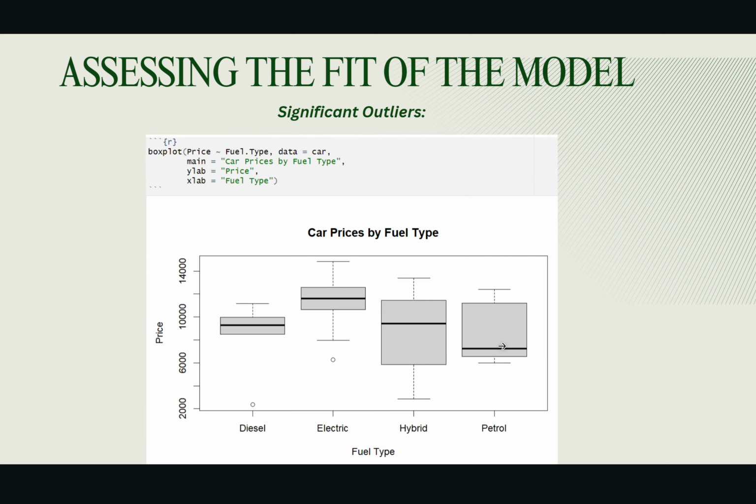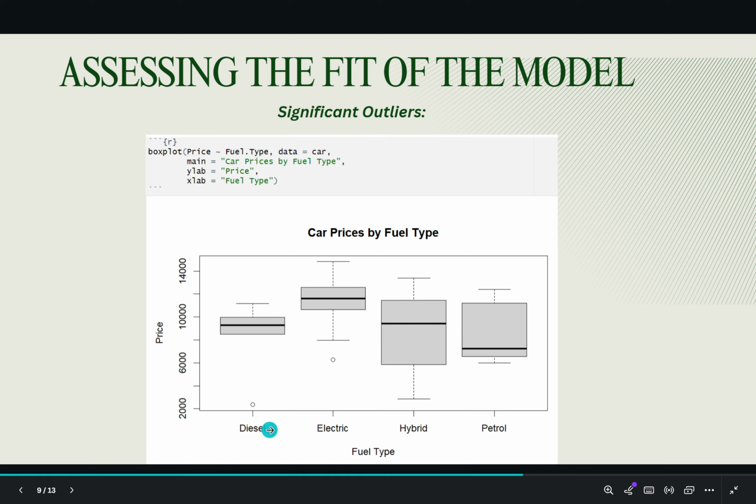Next, I also wanted to check if there were any significant outliers, as any rough outliers could affect the two-way ANOVA model. So I just did this through a box plot, seeing whether or not the fuel type would affect the price. So it is clear here that the electric and diesel fuel types do have possibly significant outliers.